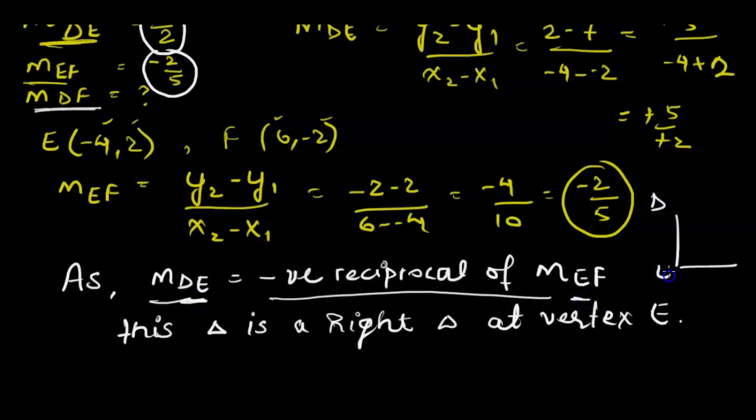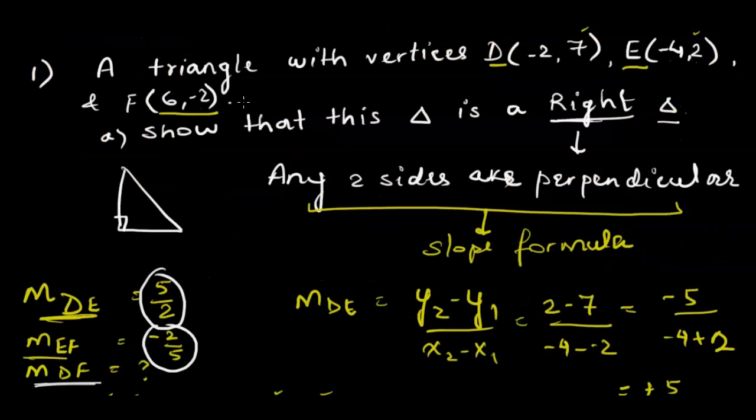If this is DE and this is EF, there is a 90-degree angle at vertex E. And this is how we prove that a triangle is a right triangle.